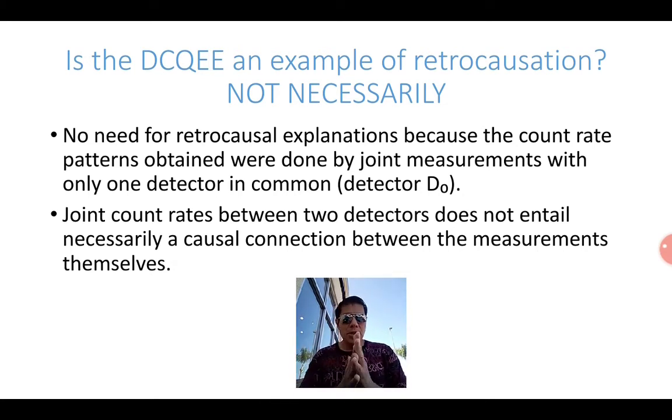Okay, so two ways to look at why retrocausation is not necessary to explain the phenomenon. There are some that will interpret the phenomenon as happening back in time. All right, well, be my guest to use whatever interpretation you want, but it's not necessary to go that far. I think it's simpler to just think you're basically measuring joint rates with different devices at different times.